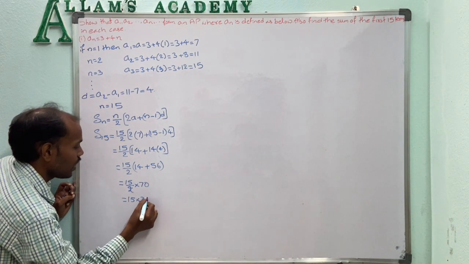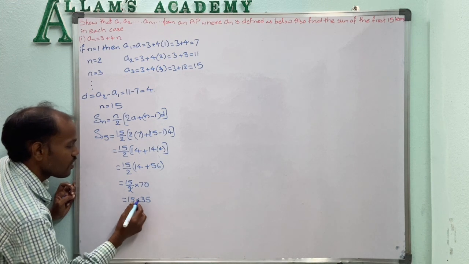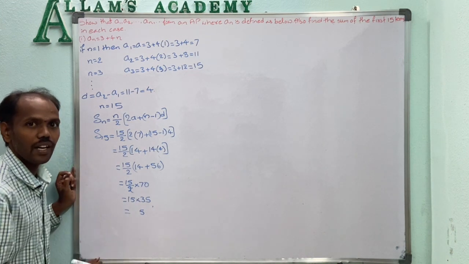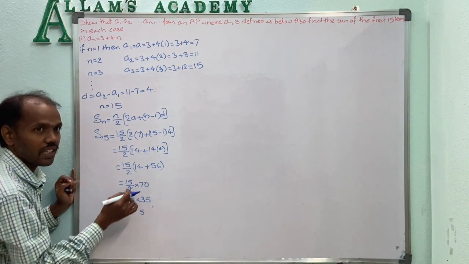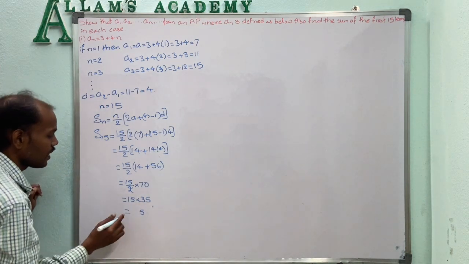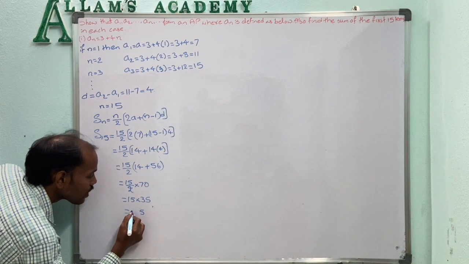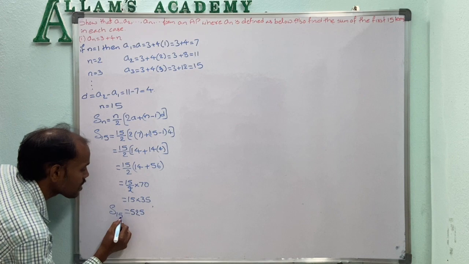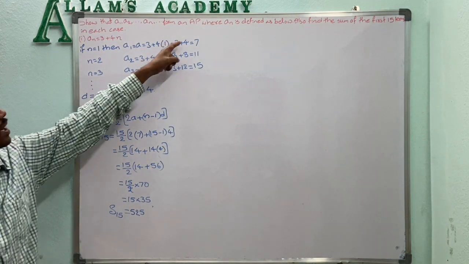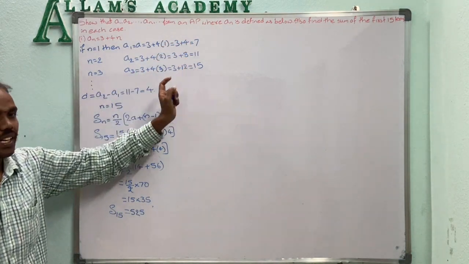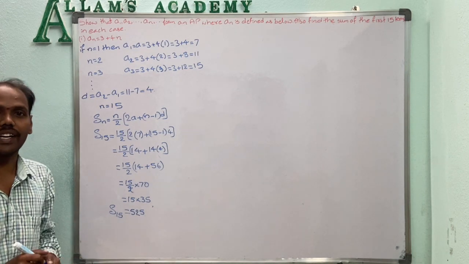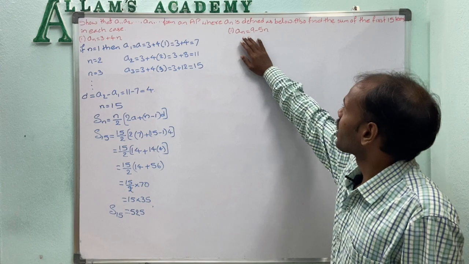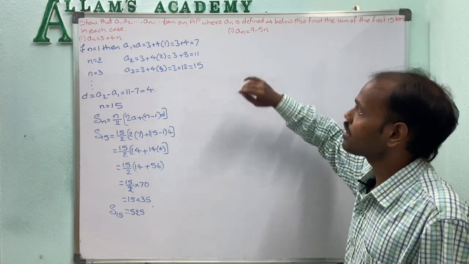So 35 × 15: 15 fives are 75 and 15 threes are 45, giving 525. So the sum of the first 15 terms of the series 7, 11, 15 and so on is 525.